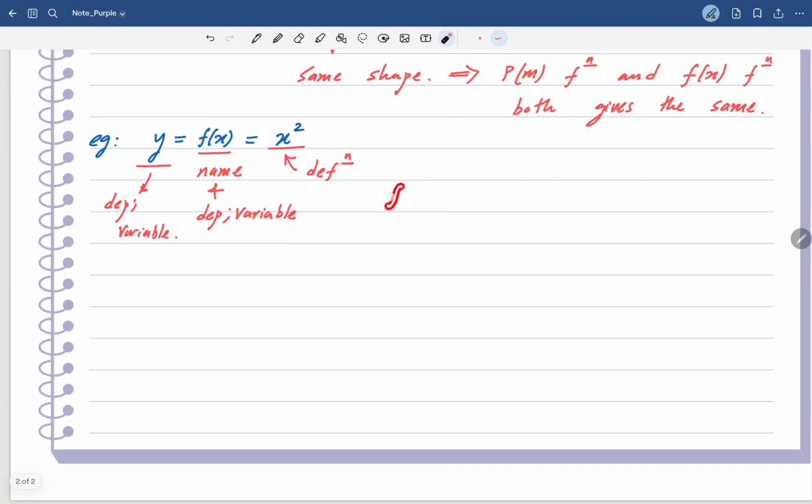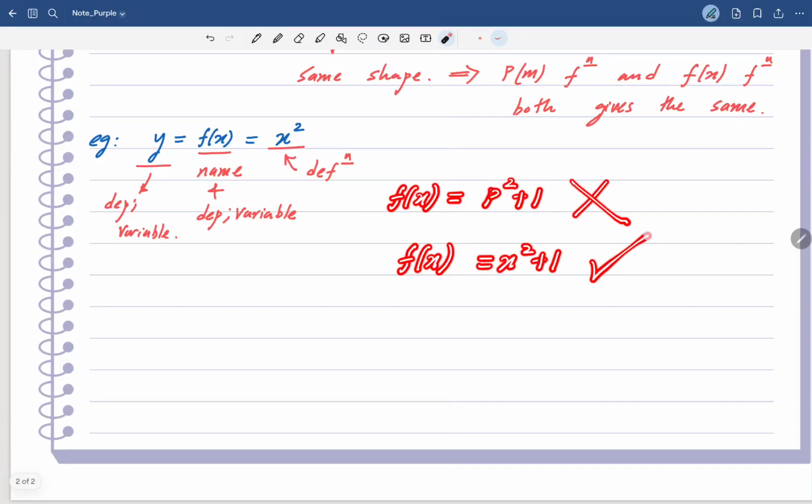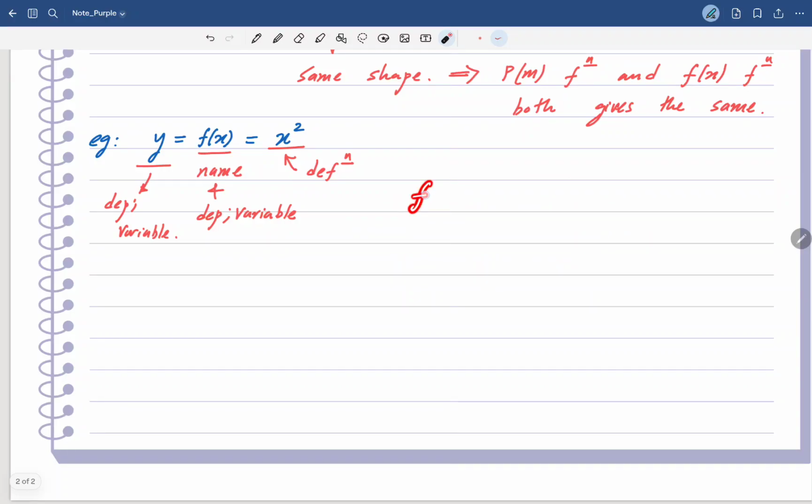If you have f of x, you are expecting some x values, so a relation in terms of x. You are not expecting something like p squared plus 1. That is wrong. You are expecting something like x squared plus 1. So the way of writing this is important. Why? Because it tells you upfront what you are going to expect in the definition part.